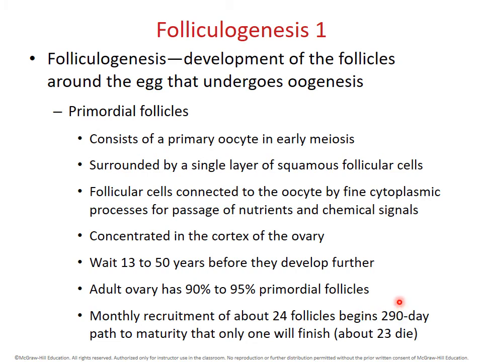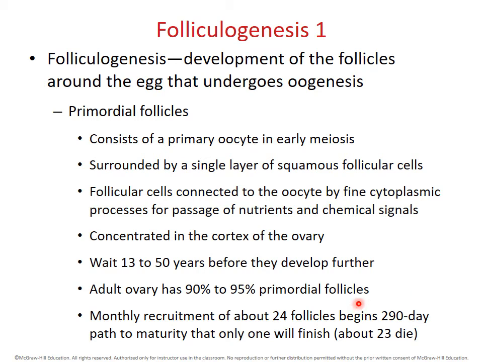So how do we end up ovulating every month? Well, every month we're ovulating from a follicle that began its cycle 290 days earlier. So as long as we keep initiating cohorts every 28 days, eventually we end up ovulating every 28 days.